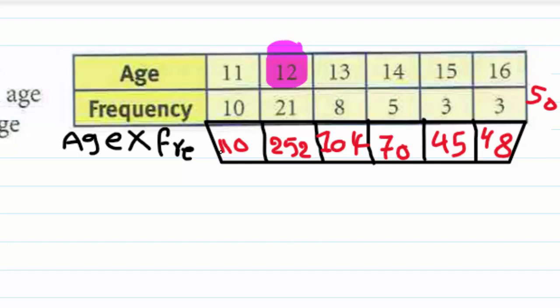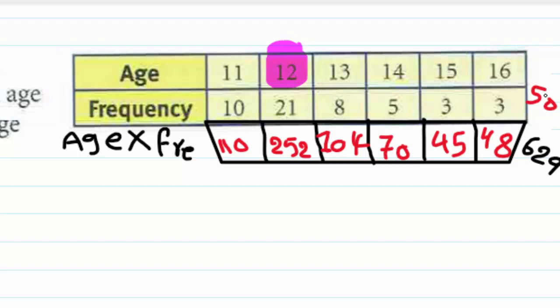Now the total of the new row, 110 plus 252 plus 104 plus 70 plus 45 plus 48 is 629. So the total of the new row is 629.